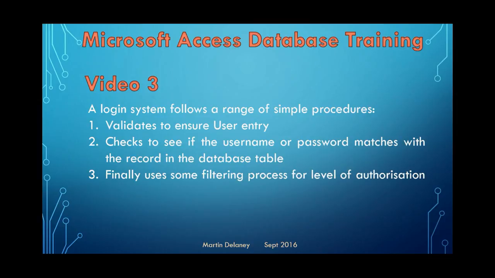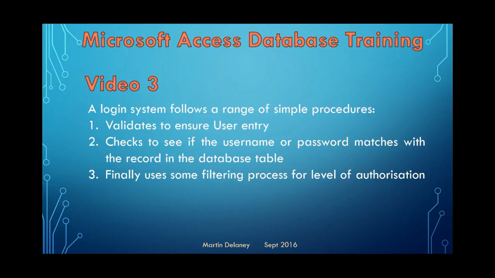Secondly, it checks to see if the username or password matches with the record in the database table. So if the username and password entered by the user returns one record in the database table, then it's allowed to proceed on to the next stage. There's two ways of doing this.